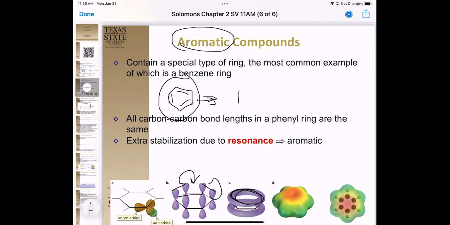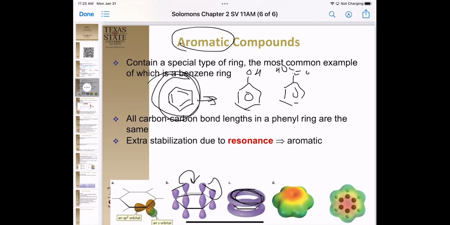Now, by adding different things to the ring, like an OH or a benzoic acid here, it'll change the names and properties. But the basic idea here is these aromatic compounds have alternating single and double bonds and are sharing those single and double bonds through resonance to give them a different property and therefore a different class of compounds. All right, questions on that?